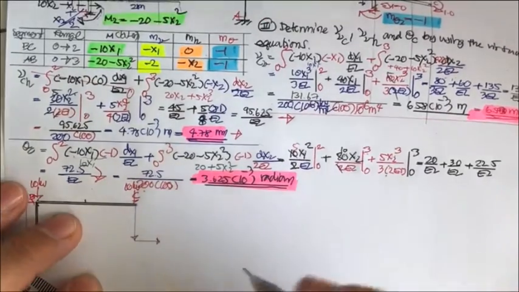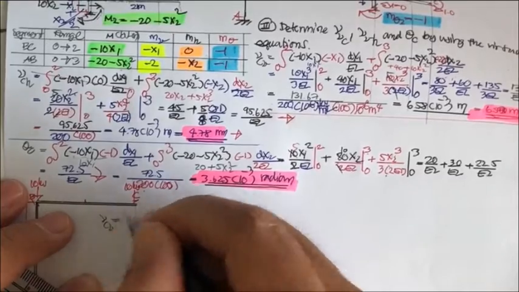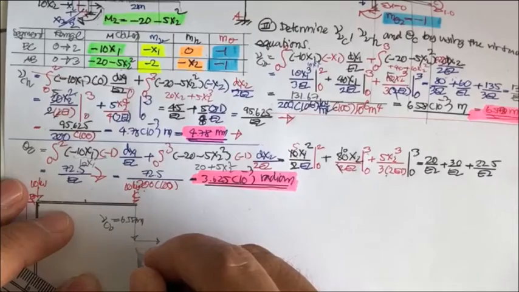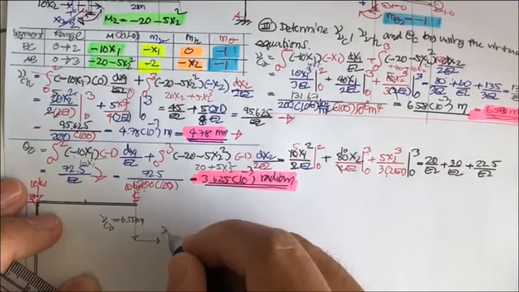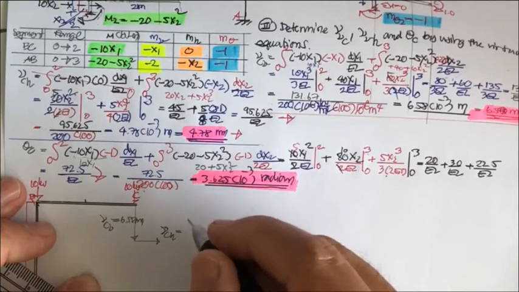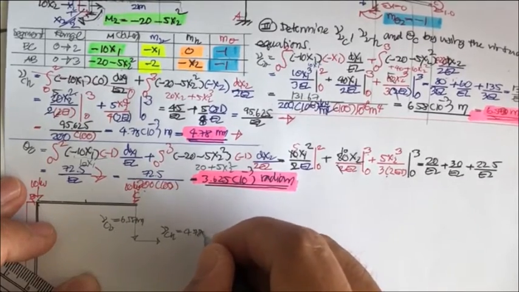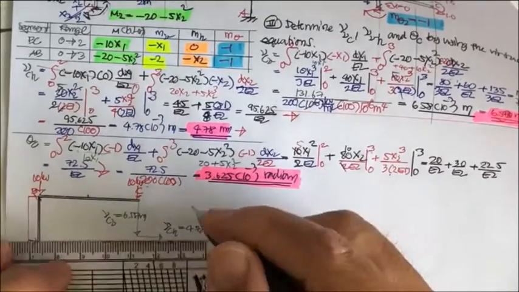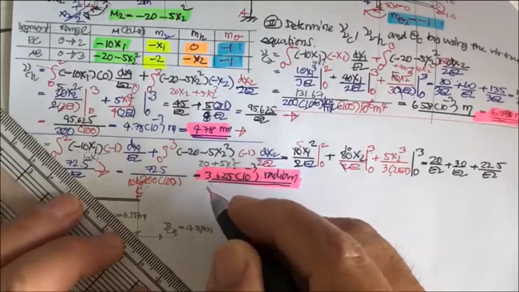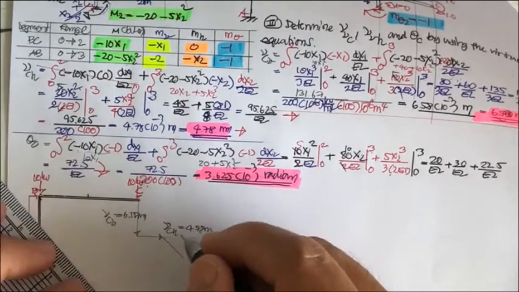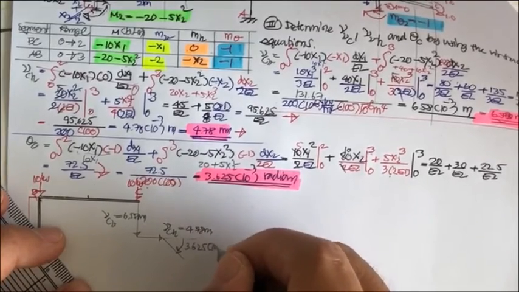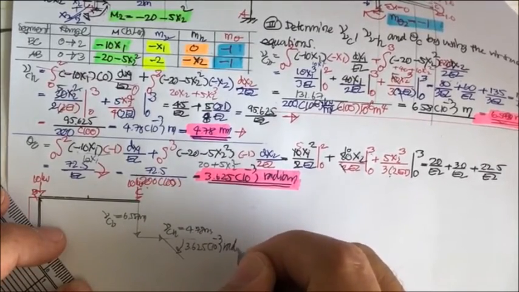So what we have, this is V sub C vertical equal to 6.58 millimeter. This one is V sub C H, and it's going to be 4.78 millimeter. And over here, you're going to have the clockwise rotation of 3.625 times 10 to the minus 3 radian.